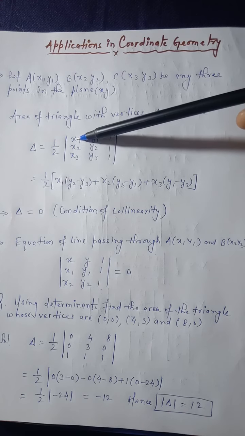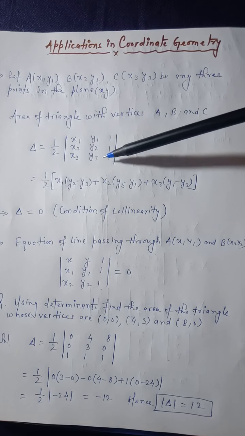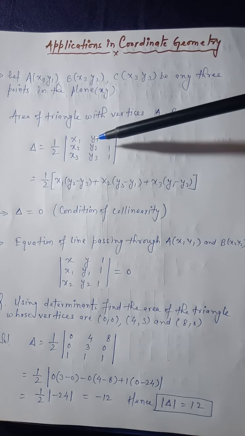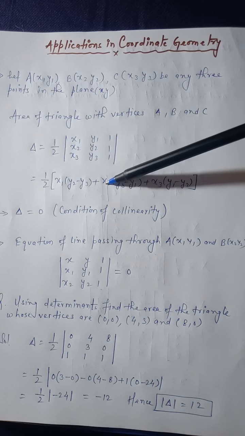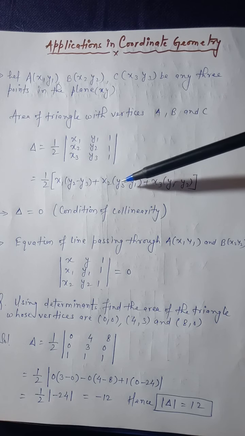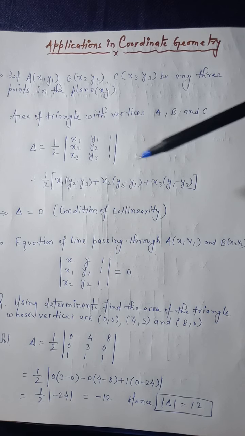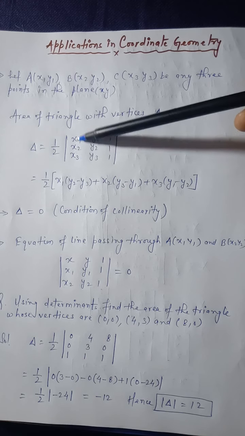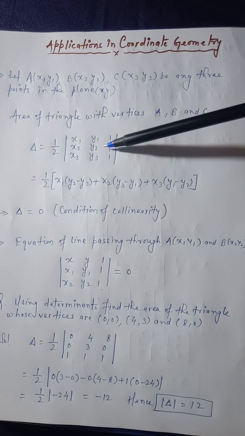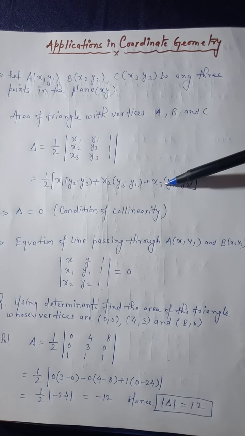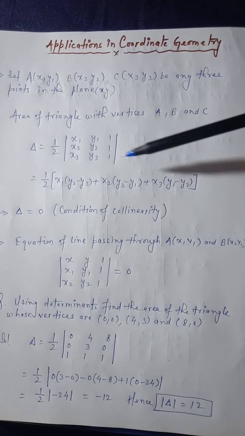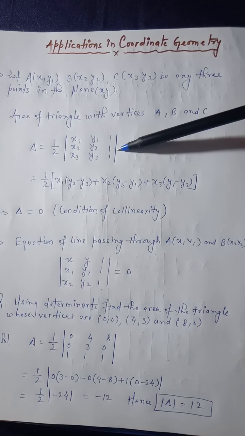Half is outside, x1 is here, so this row and column are deleted, so y2 minus y3. Similarly, minus x2 (y1 minus y3), so minus minus will become plus, so it will become y3 minus y1. And finally x3, and this column is deleted, this row is deleted, y1 minus y2. So this is the final formula in the form of determinant.